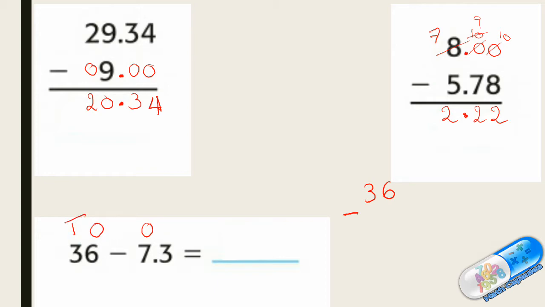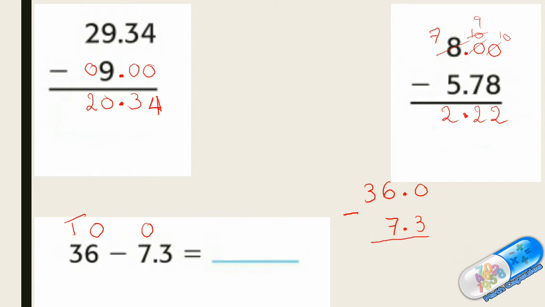So a common mistake: some students write the 7 below the 3, and this is completely wrong because 7 is the ones, so it should be written below the 6. So here is 7, and we put the decimal point and we write the 3 tenths. Now 36 is a whole number, so I will put another decimal point here and I'll annex only one 0 to have the same number of digits after the decimal point.